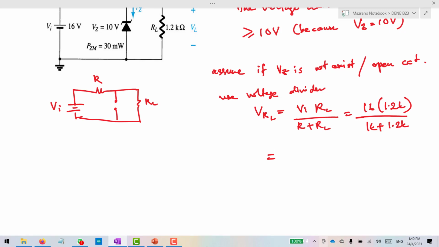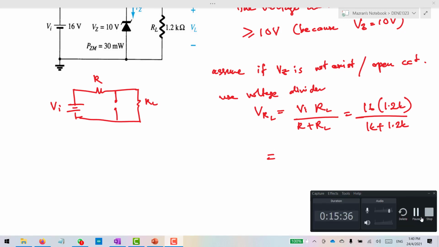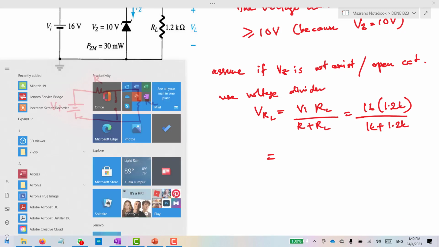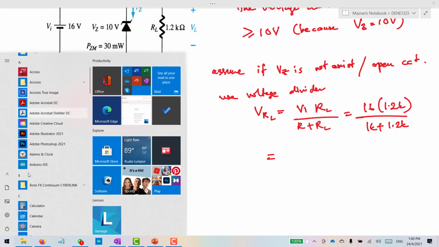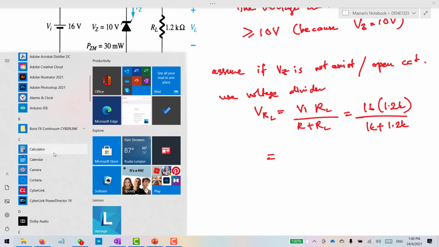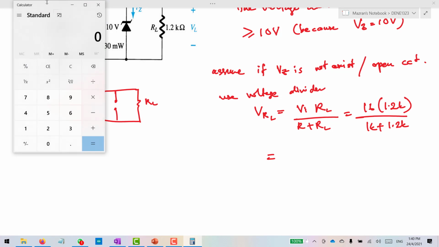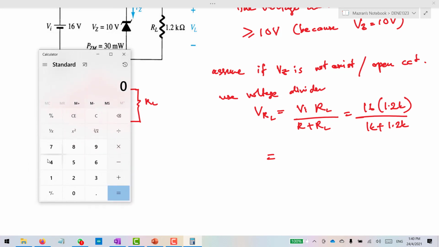Let me press the calculator. We have 16 times 1.2 divided by 1 plus 1.2, which is 2.2.